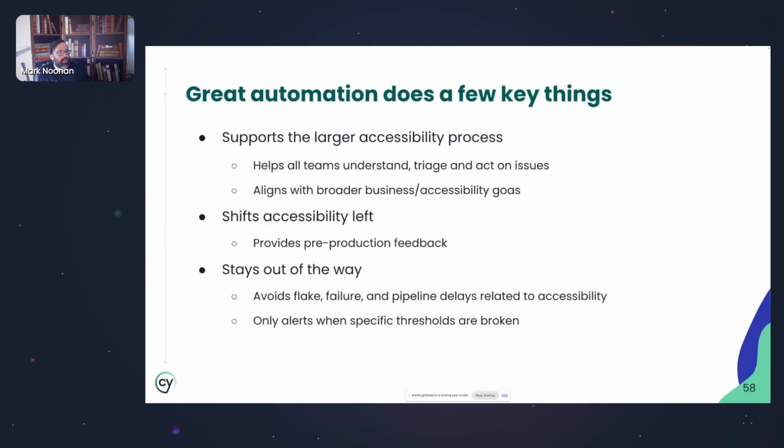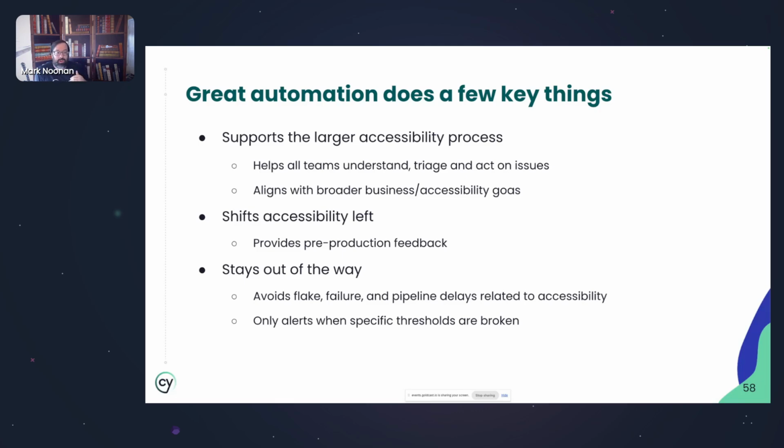When you're looking into accessibility automation, it's key that it supports the larger process. So whatever you implement here needs to connect with what the other teams are doing with accessibility, what your goals are. Shifting as far to the left as possible is great. If you can get pre-production feedback, that's ideal. And then staying out of the way as much as possible.